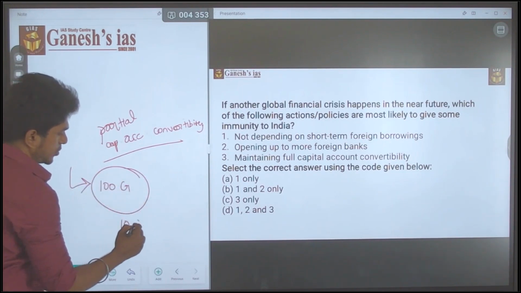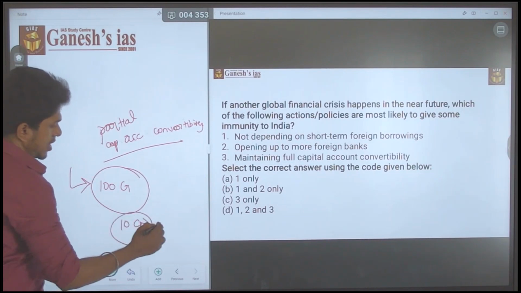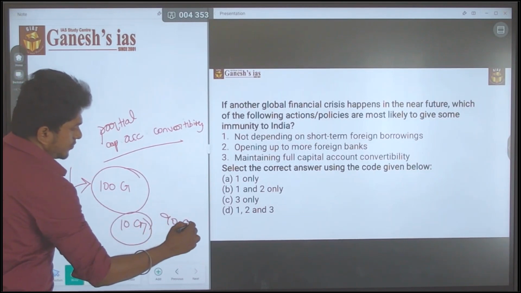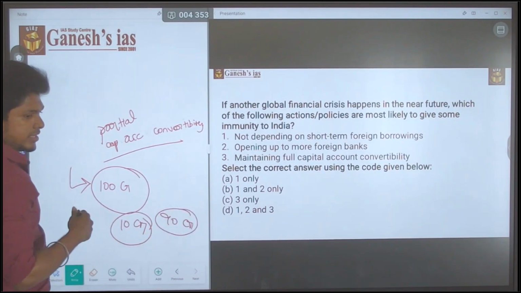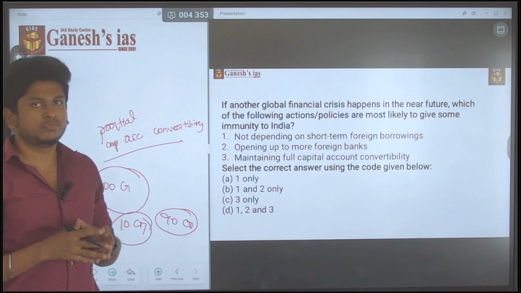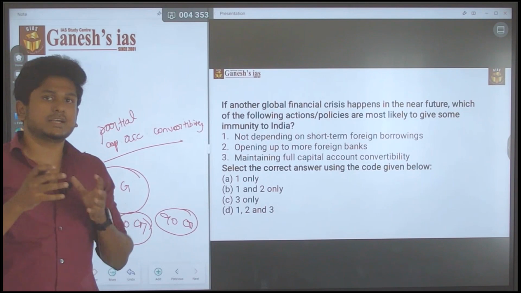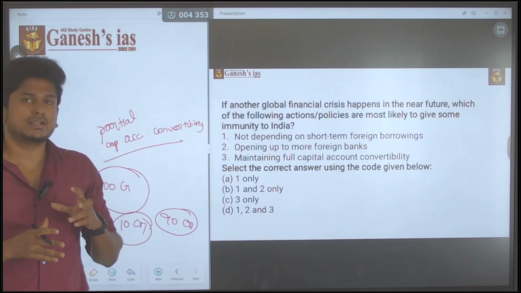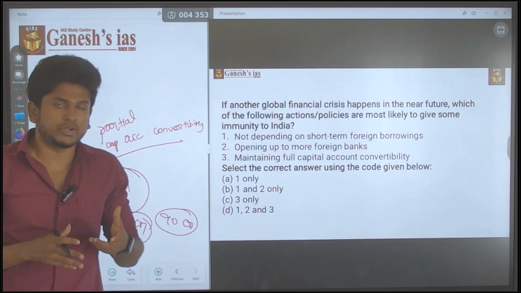They will repay only 10 crore, and the remaining 90 crore will stay with India. There will be a certain time period, or a cruise period, to get all this 100 crore. So that is called partial capital account convertibility.